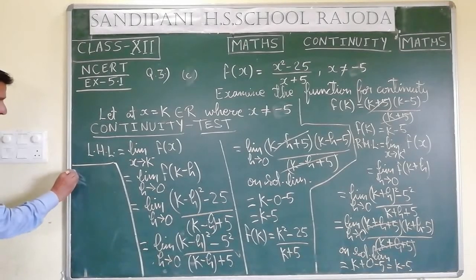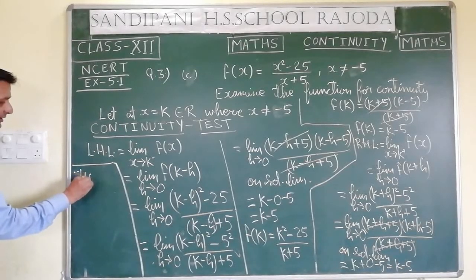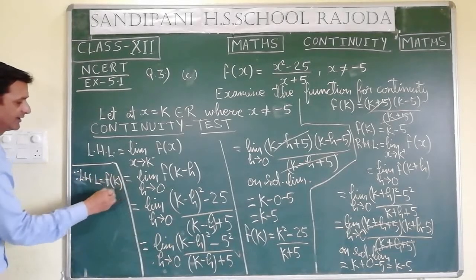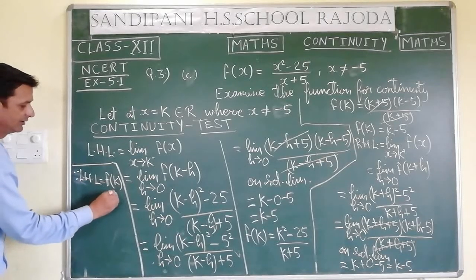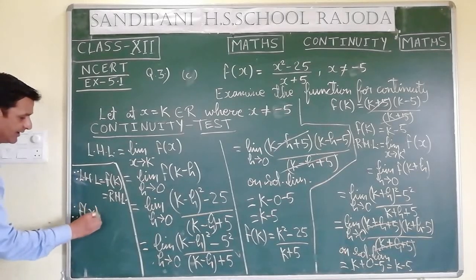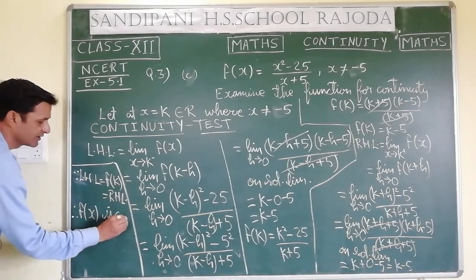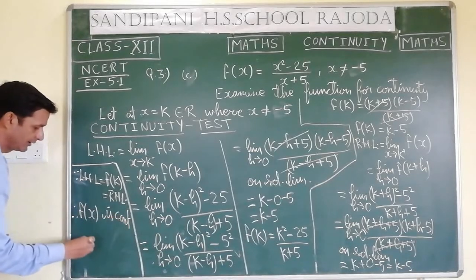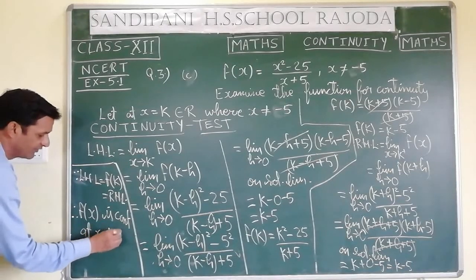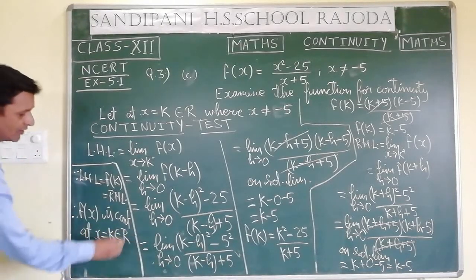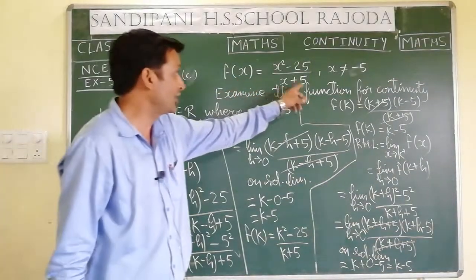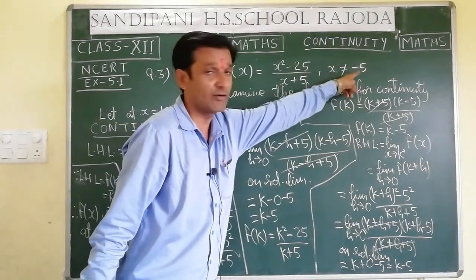Therefore, because LHL is equal to f of k is equal to RHL, f of x is continuous at x is equal to k, which is an element of R. So for any real number, if we check this function, it will be continuous except at x is equal to minus 5.